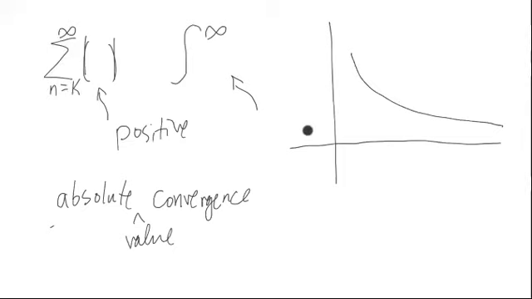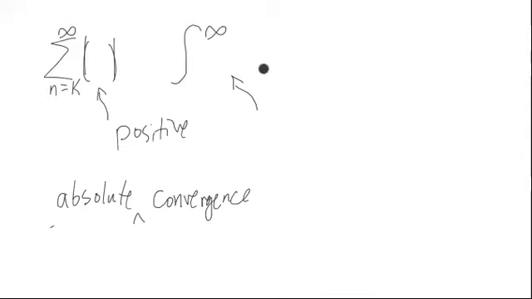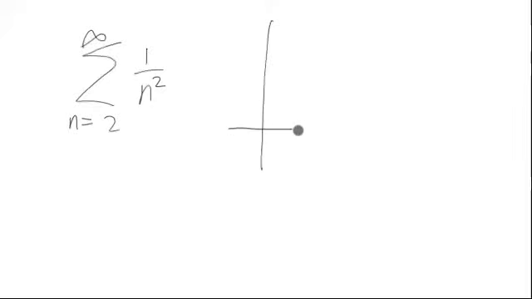Okay, so let's look at an example. What if we have the series 1 over n squared as n goes from 2 off to infinity? Now, let's look at the graph of 1 over x squared, using an x instead of an n.